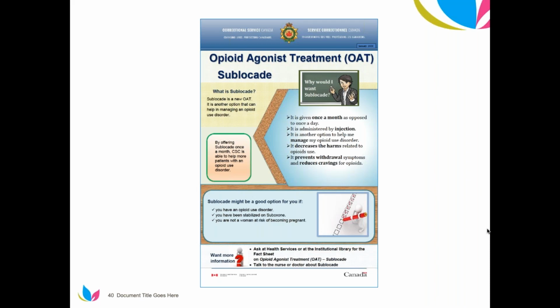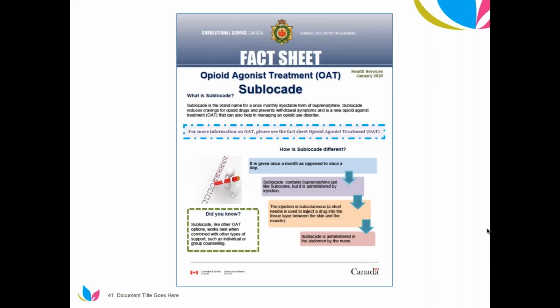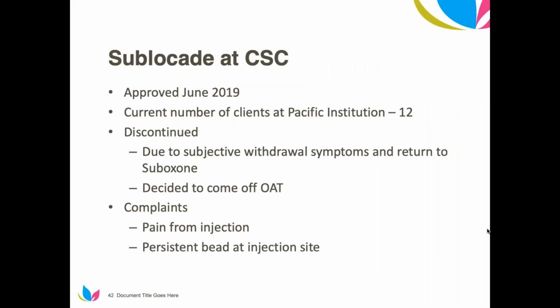This is a handout that came out not that long ago from Federal Corrections advertising Sublocade for the incarcerated persons population. And this is a fact sheet also intended for patients just to let them know a little bit about this new medication that's come out.